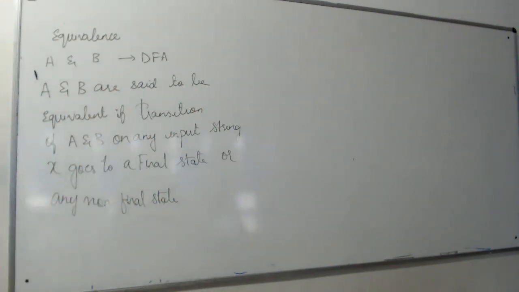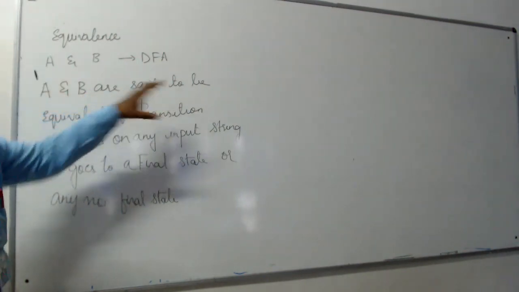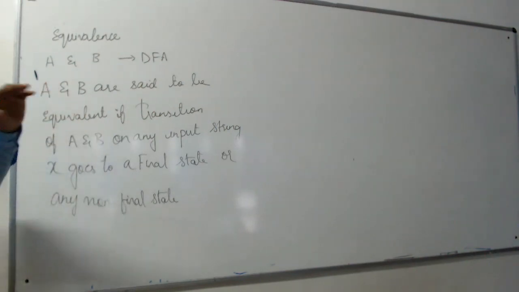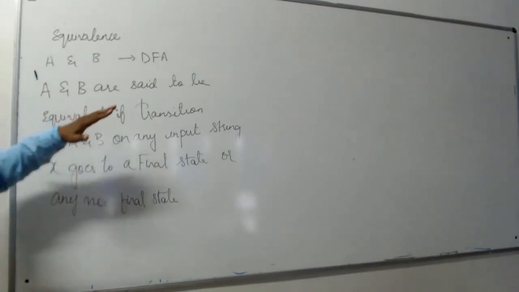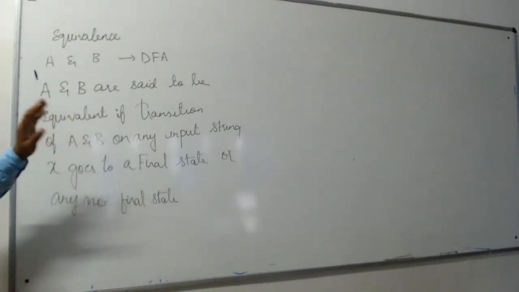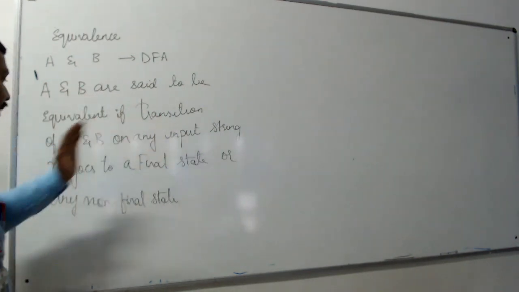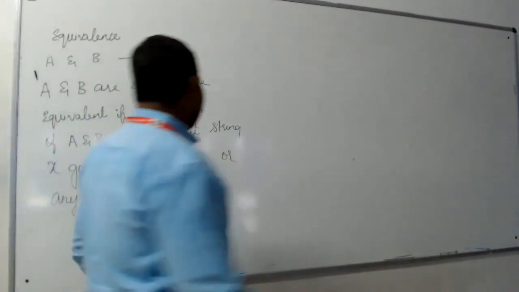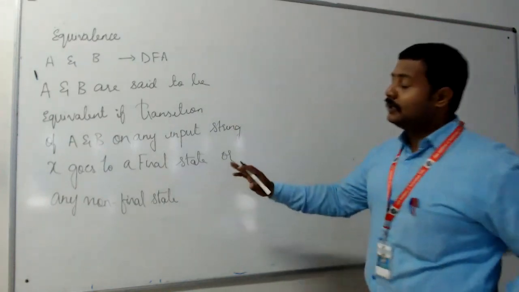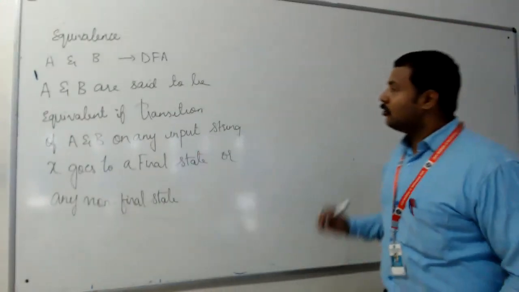Right. Understand this particular definition. States A and B are said to be equivalent. When do we call A and B equivalent? When they have a transition on any input string that goes to the same state, which may be a final state or any non-final state.